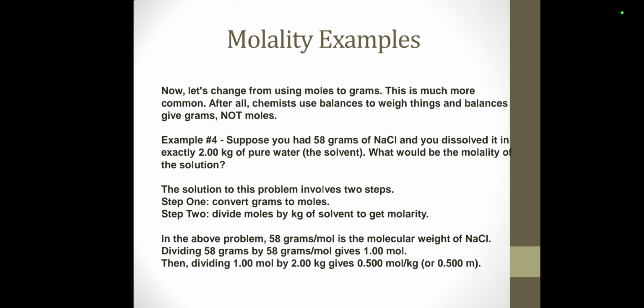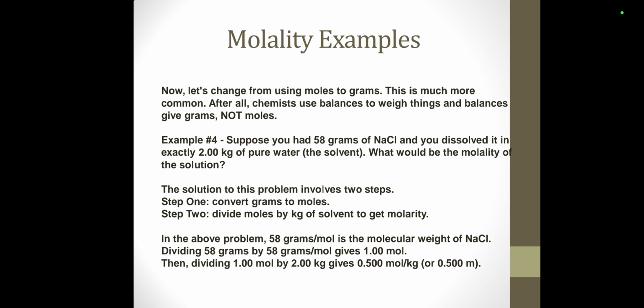Suppose you had 58 grams of sodium chloride and you dissolve it in exactly 2.00 kilograms of pure water, which is the solvent. What will be the molality of the solution? There are 2 steps in calculating it. Step 1, convert grams into moles. Step 2, divide moles by kilograms of solvent to get molality. So how can we convert grams into moles?